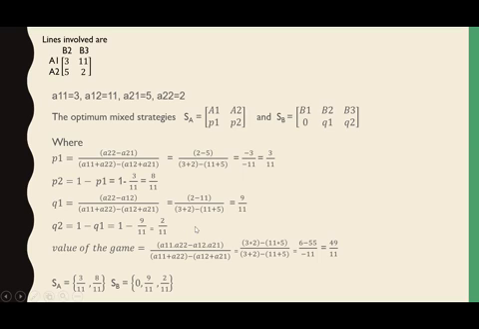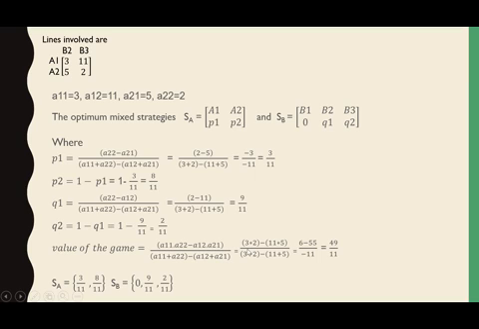Next thing that I am supposed to do is find the value of the game. Because I am supposed to solve the game, I should calculate the value of the game. So the value of the game is A11 A22 minus A21 A12 divided by A11 plus A22 minus A21 plus A12.